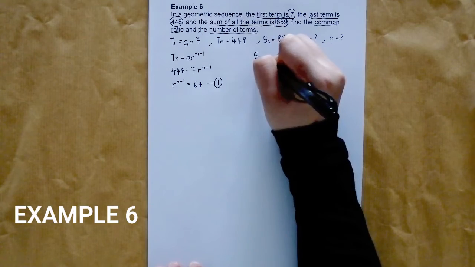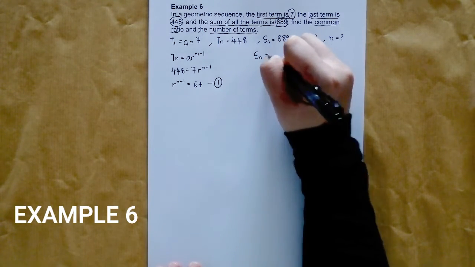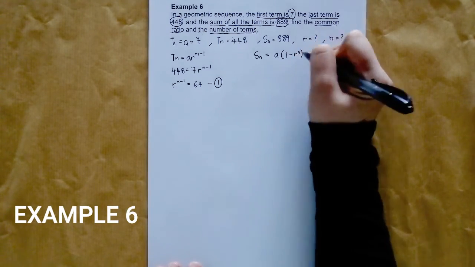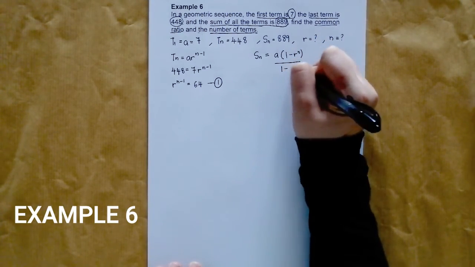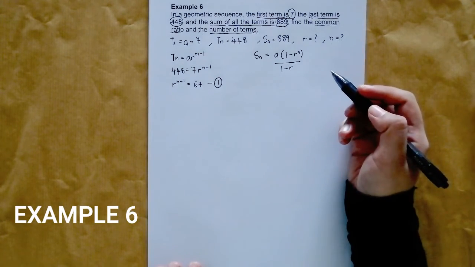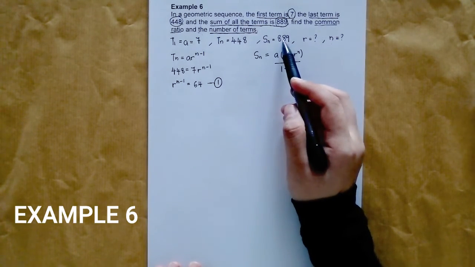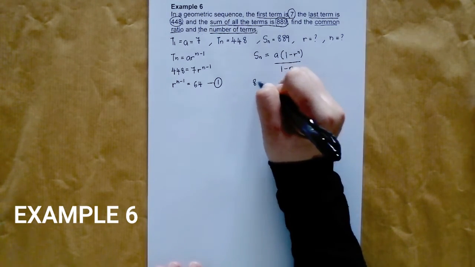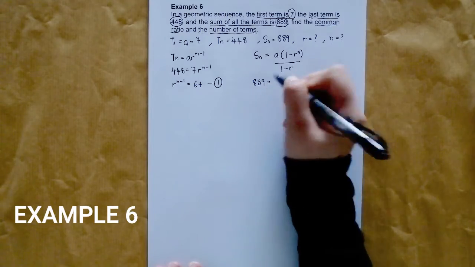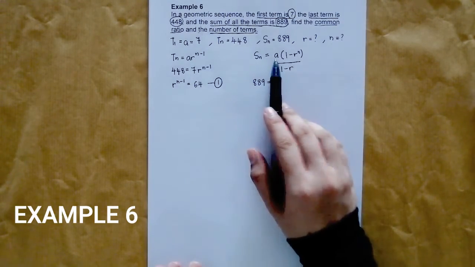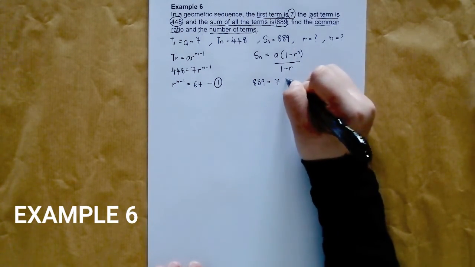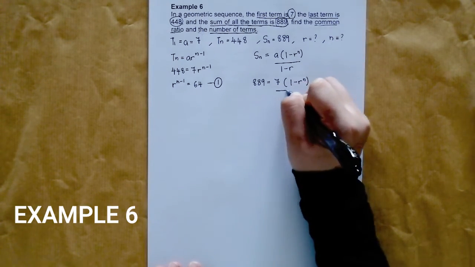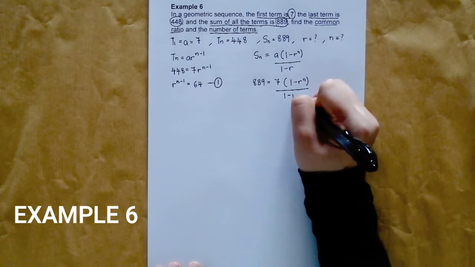Let's say we use the formula Sn equal to A in the bracket 1 minus R to the power of n over 1 minus R. Now we can substitute 889 and A equal to 7. So we have 7 in the bracket 1 minus R to the power of n over 1 minus R.